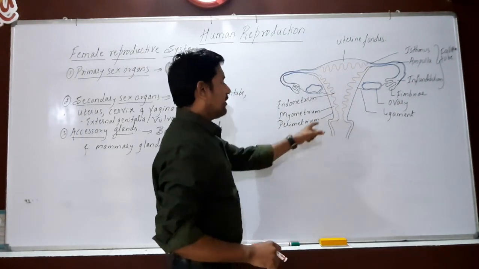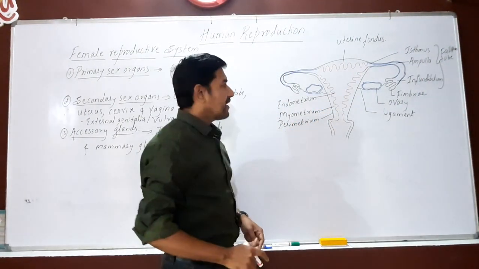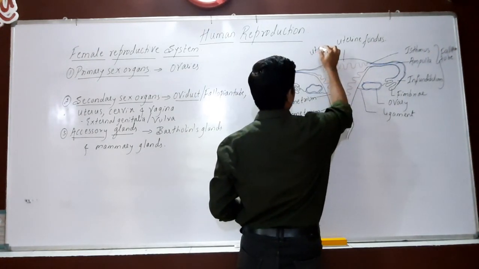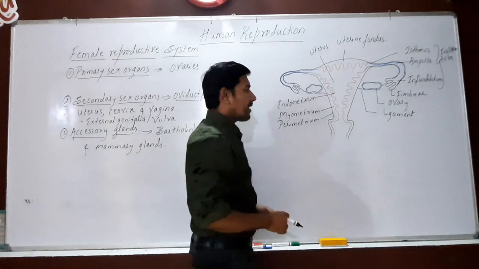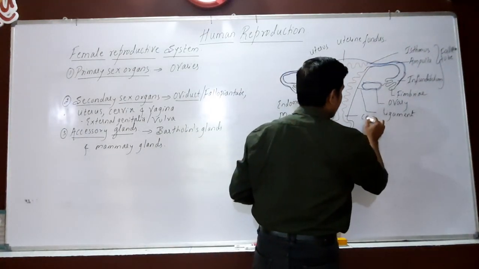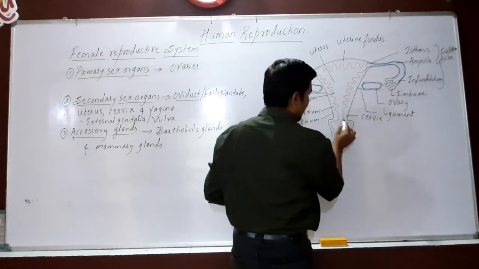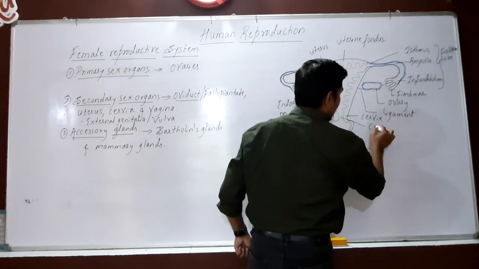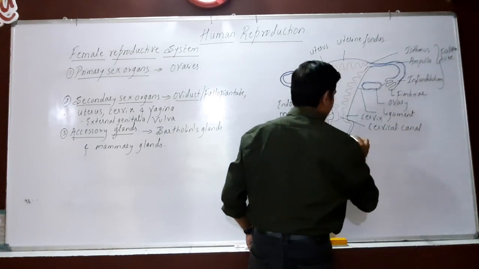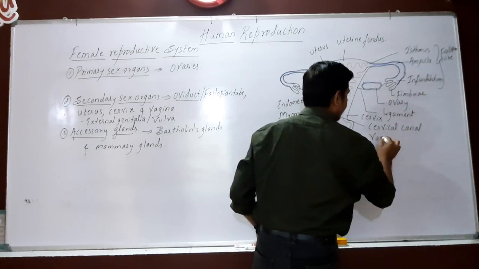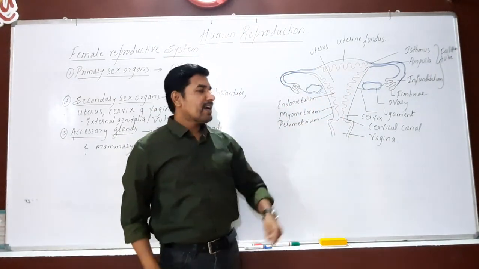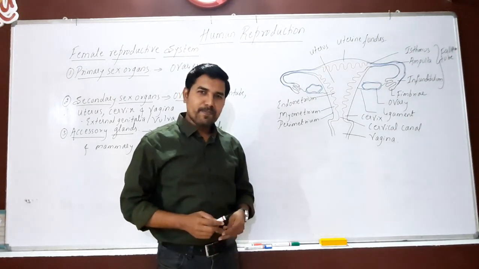Okay. So these are the parts of the uterus. Now this part we call the uterus. And the next part, here we have the cervix, and the canal that we observe here is the cervical canal, and this part is the vagina. So this is regarding the female reproductive system.